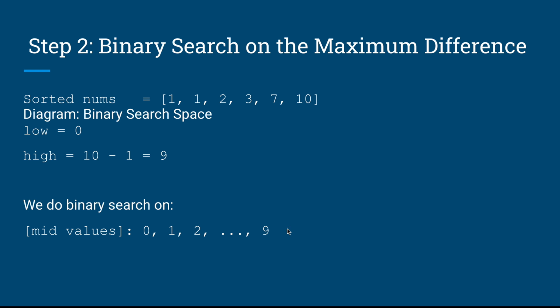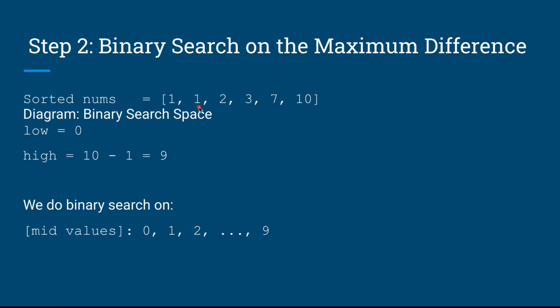Now, for the next step of the binary search, we have to find the first mid for the first iteration. So 0 plus 9, divided by 2, is 4.5, so we'll say 4.